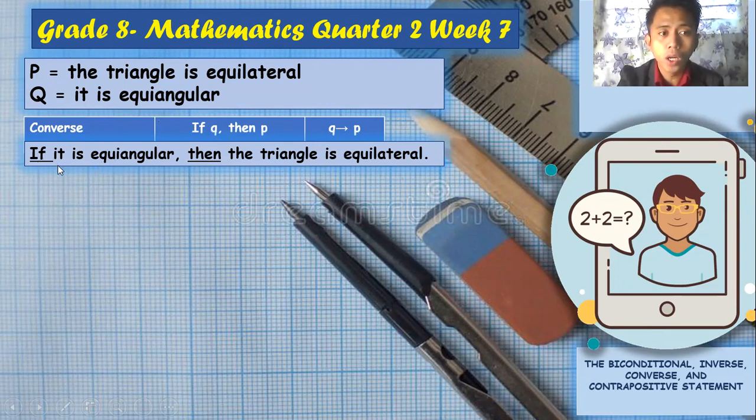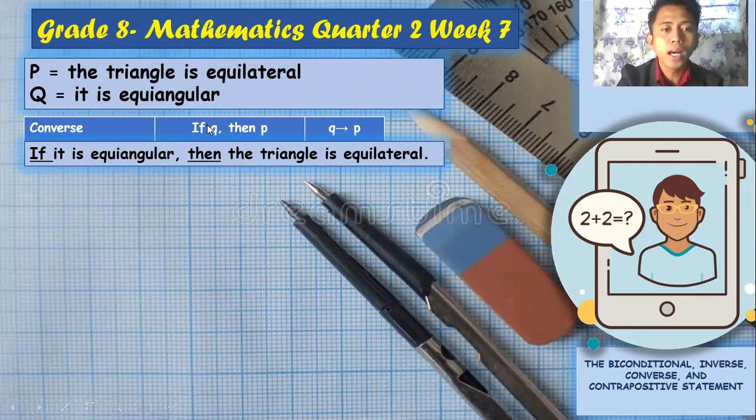It is equiangular. That's why we have it is equiangular here. Followed by the word then, and then we have P. So what is our P? The triangle is equilateral. That's why after then we have the triangle is equilateral.